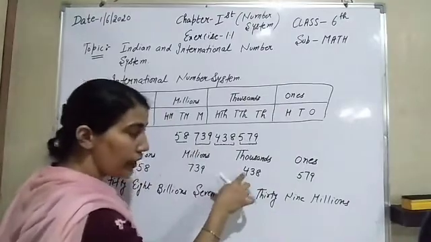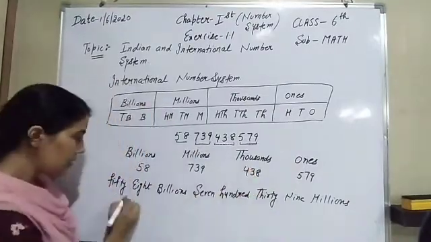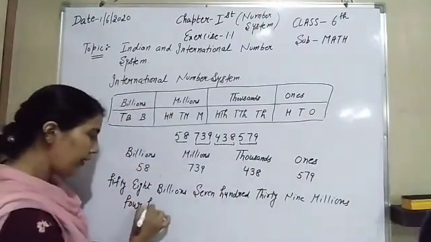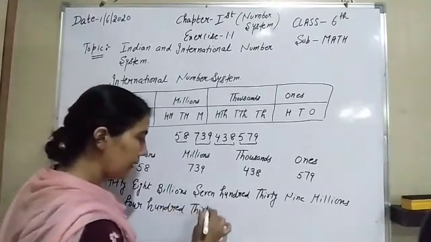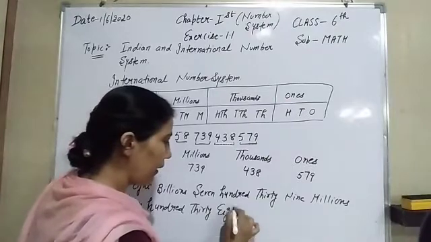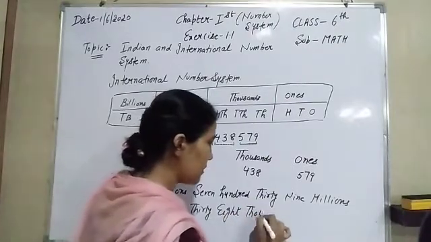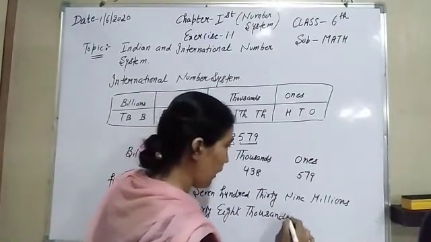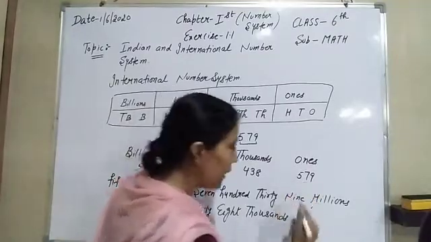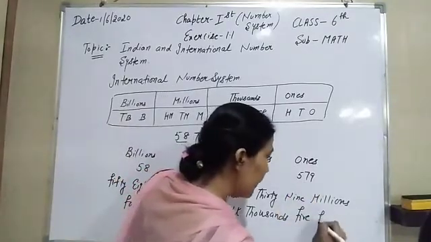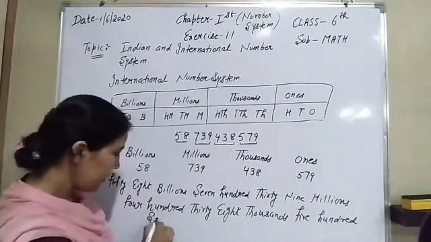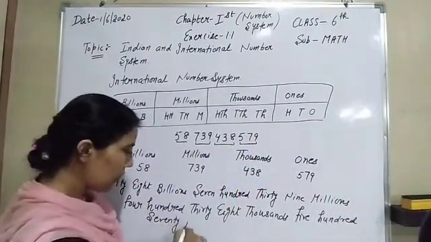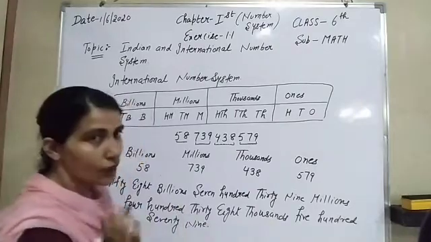After that is 438 thousands and 579, which is our required answer.